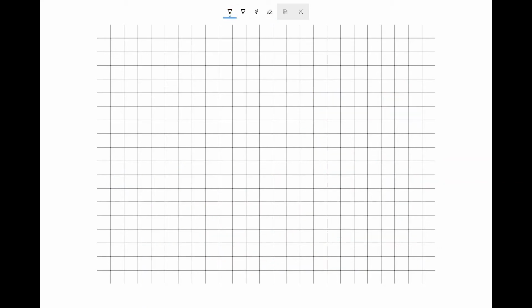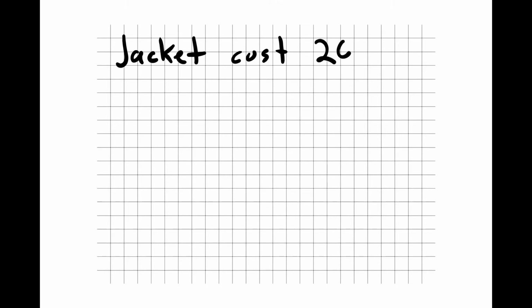Let's say you go to the mall and you see a leather jacket that you like. Okay? And this jacket will cost you $200. You decide it's too expensive, you're not ready to purchase just yet.